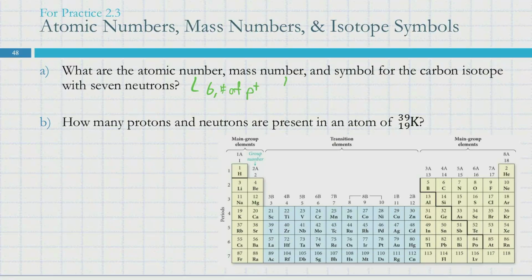The mass number is what? 13. It's 6 plus 7, the number of protons, plus the number of neutrons. So it's 13. And what would be the symbol? C. So we could write it as 13 over 6C, C13, carbon 13.